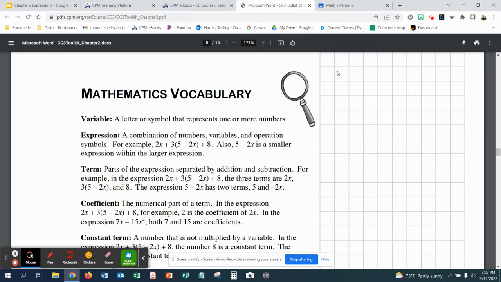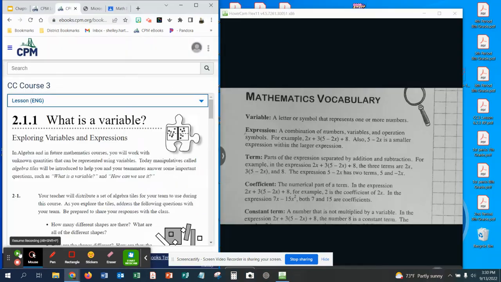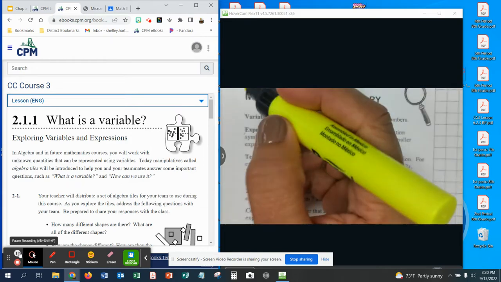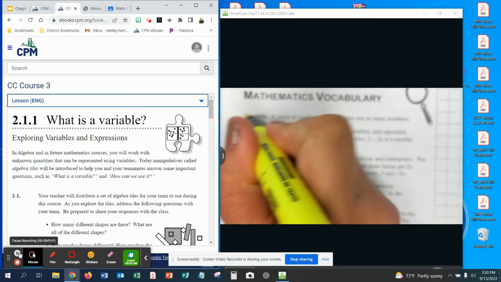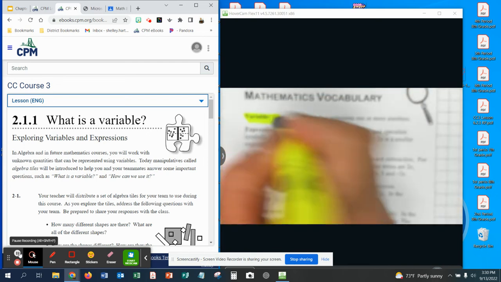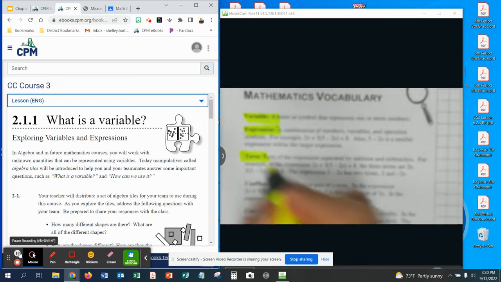So if you look at a variable, in class today, we really highlighted this. We're really just talking about the specific vocabulary that goes with each one of these.